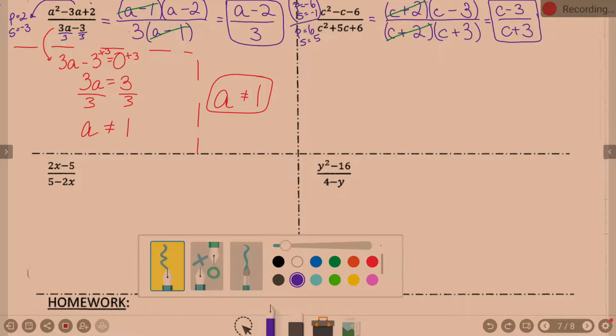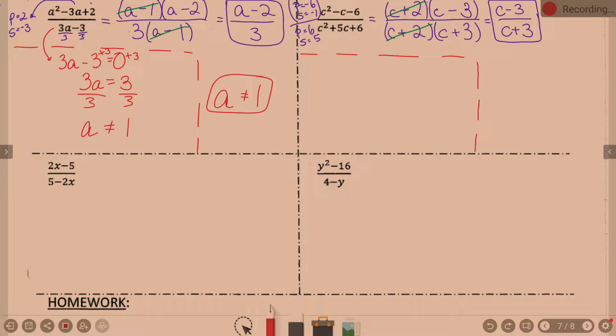And excluded values. How do you want to find excluded values on this one? Use the already factored thing. I definitely agree there. So I'm going to set C plus 2 times C plus 3 equals 0.